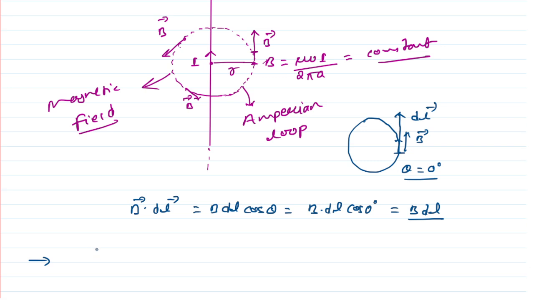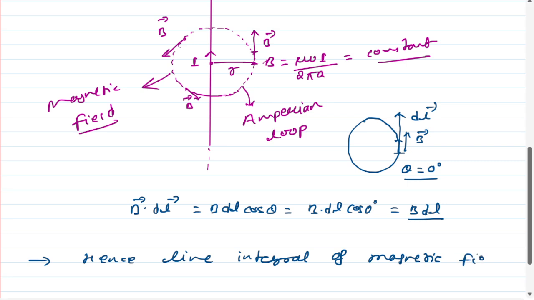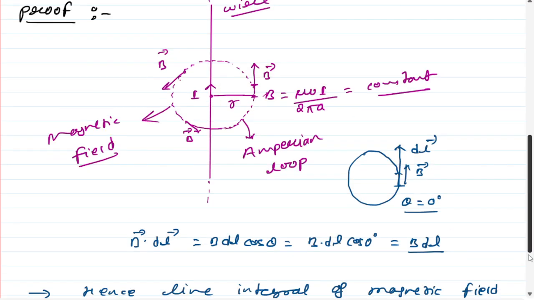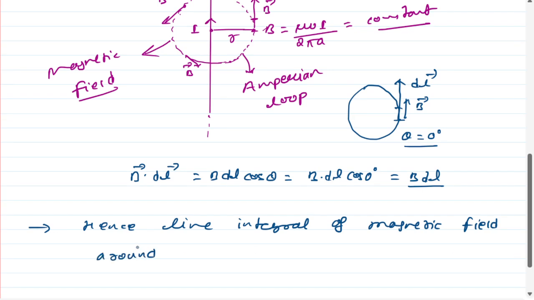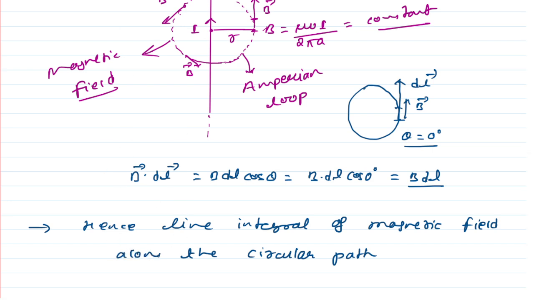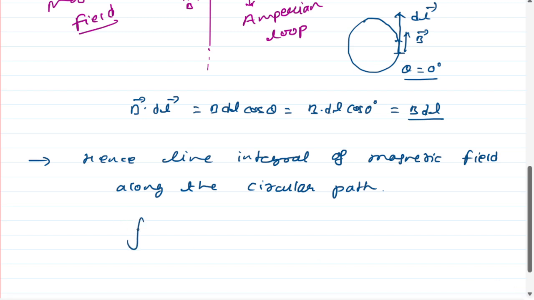So we apply Ampere's circuital law: the line integral of magnetic field along the circular path, closed line integral B dot dl, which we have already done, is B into dl.